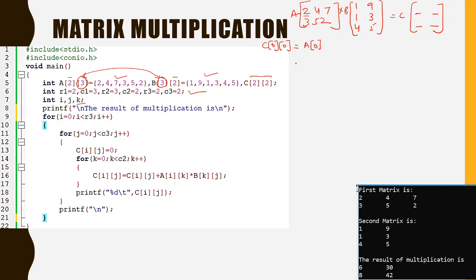Before that, I should write it mathematically so you will know it better. So I take 2 multiplied by 1 plus 2 multiplied by 1 plus 2 multiplied by 4. This is the first element of matrix C. This 2 is multiplied by all three elements of the first column.